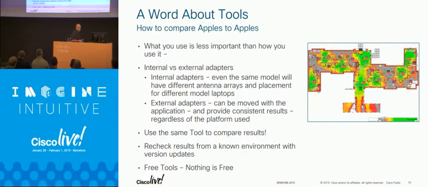Tools. Comparing apples to apples, have you guys ever seen 3 engineers measuring the same thing with 3 different tools and starting to argue about why they got different results? You can get 3 engineers with the same tool measuring the same thing, and because of the different start and stop times, you're going to get different results.